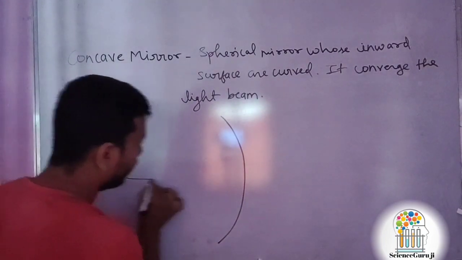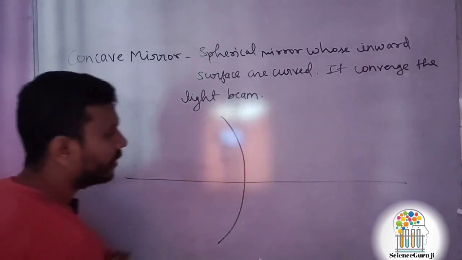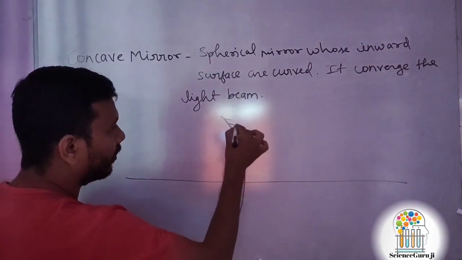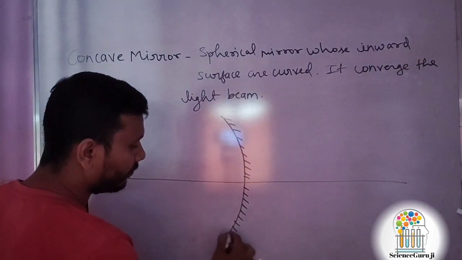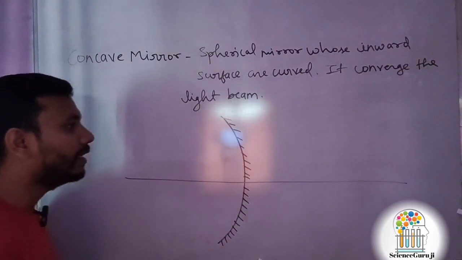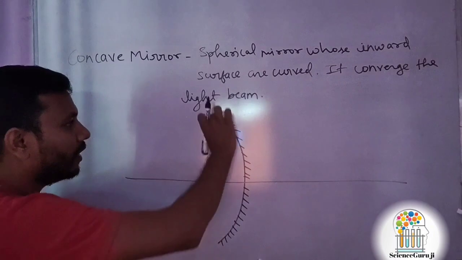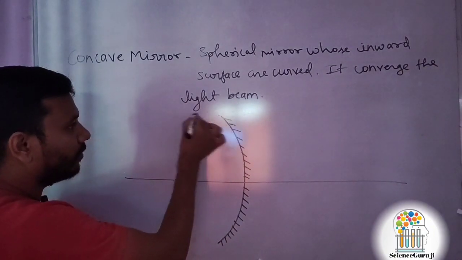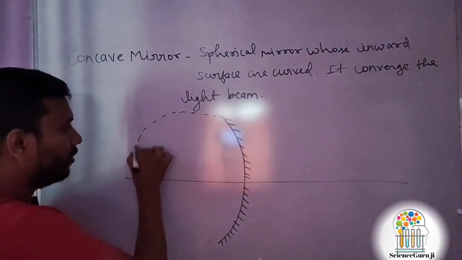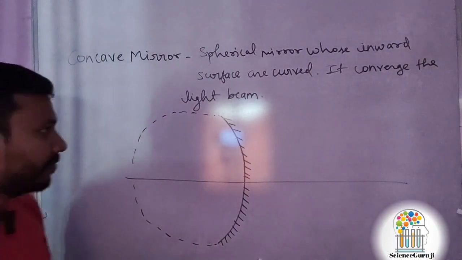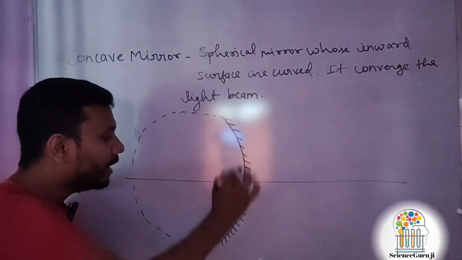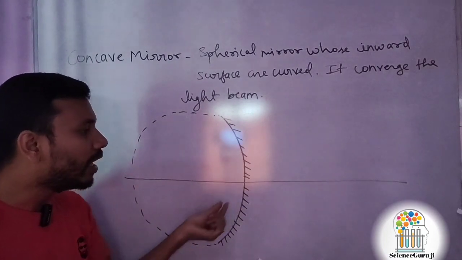See here, this is a spherical mirror. Let's understand this imaginarily. Its inward surface is curved.